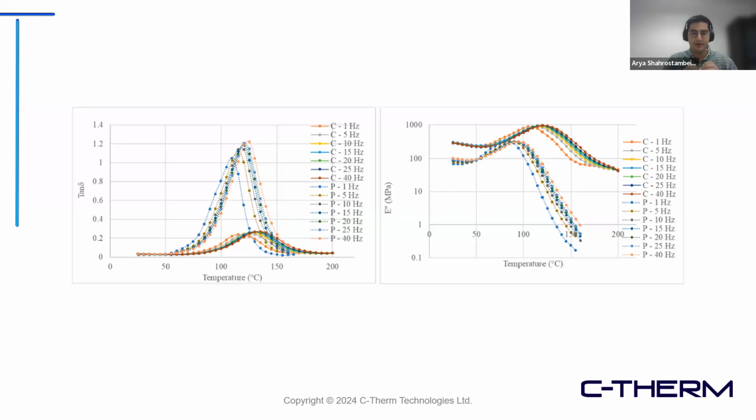A very good point to learn from this graph is that by increasing the frequency of deformation, your tan delta peak shifts to the right, to a higher temperature. This means your material starts behaving as a softer material later, at a higher temperature, and stays stiffer at the temperatures below. So the higher the glass transition temperature, the stiffer your material is before that temperature.